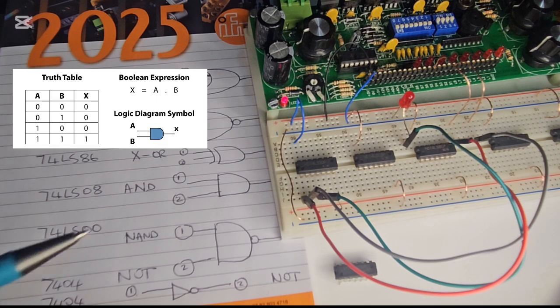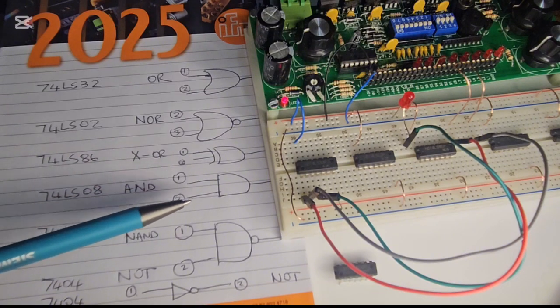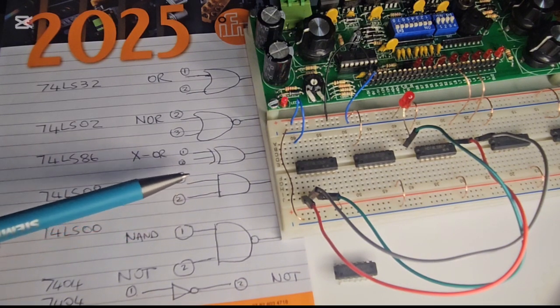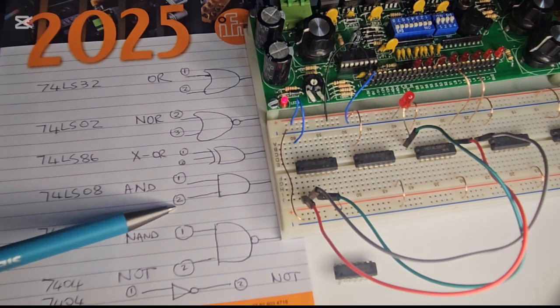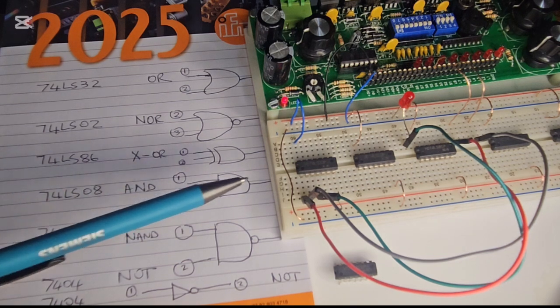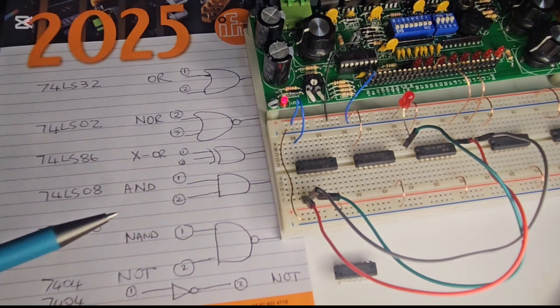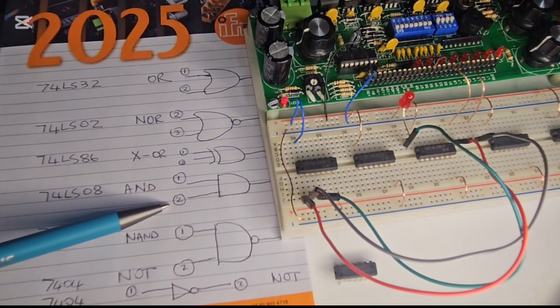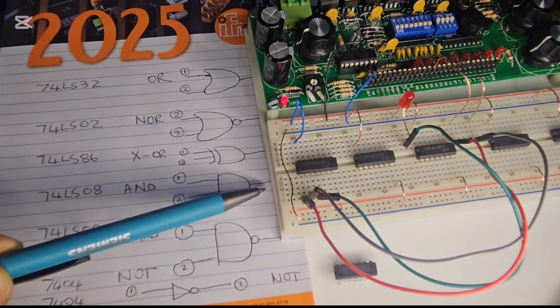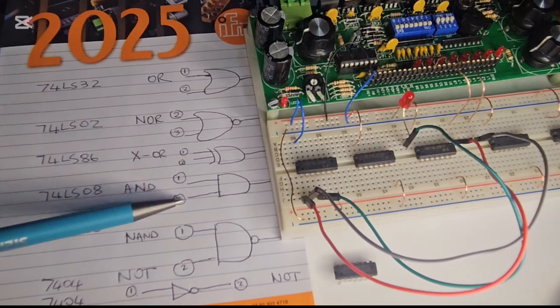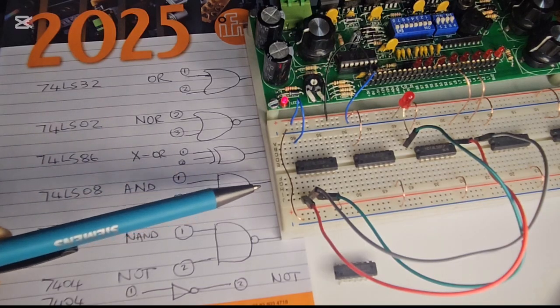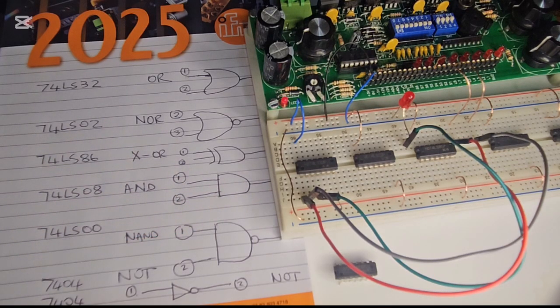So if input 1 and input 2 are true, then I want my output to be true. If input 1 and 2 are on, my output will be on. If input 1 and 2 are 1s, my output will be a 1, and so on.